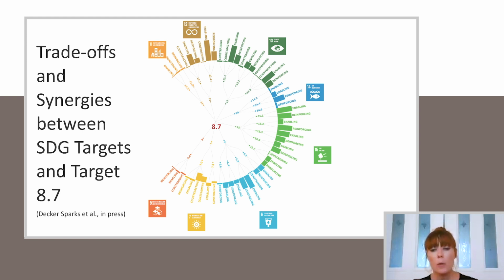Recently, we undertook an analysis that will hopefully be published later this year or first thing next year. We essentially pulled a lot of the academic literature, but we also looked at NGO reports and media reports that were describing the co-occurrence of modern slavery, which, again, the elimination of all forms of it, is SDG 8.7.